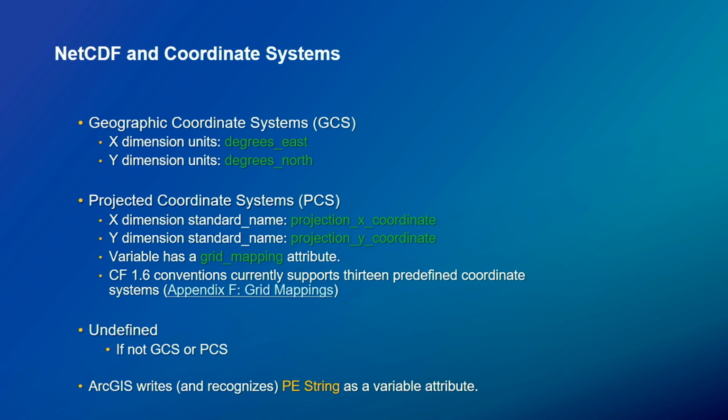All this information is defined, and we follow this standard CF convention and read it. It looks for units, or for the projected coordinate system, it looks for some standard name. And all these things are defined in the grid mapping variable, which is discussed in Appendix F in CF convention. We also support PROJ strings, and we are also going to support a few other things.